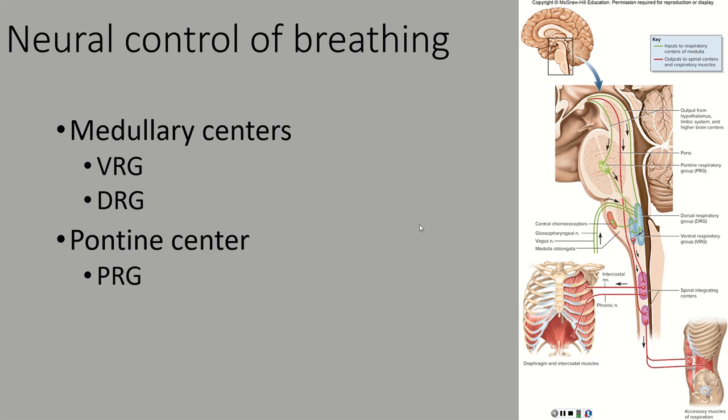But right behind that, there is the dorsal respiratory group, the DRG. And the dorsal respiratory group modifies the rate set by the VRG, the ventral respiratory group.